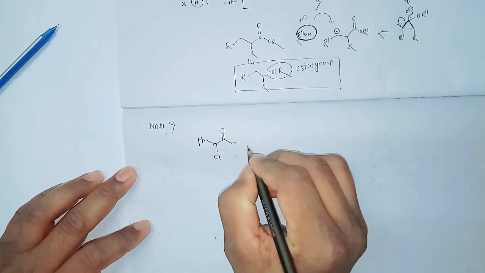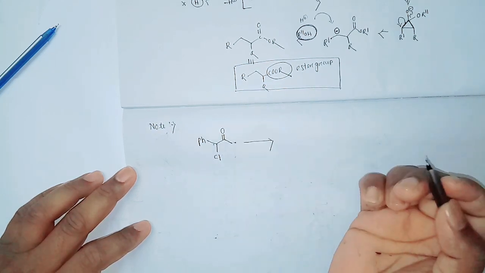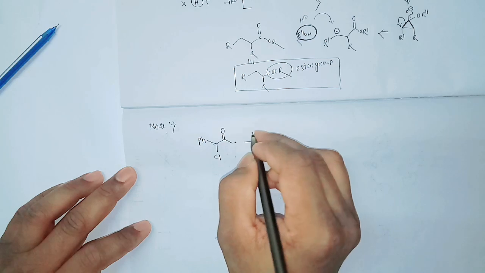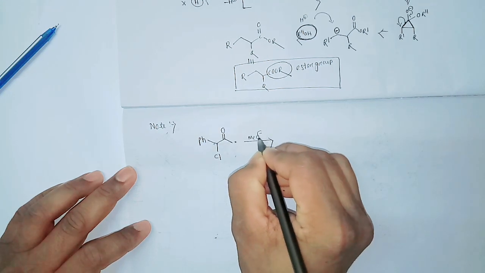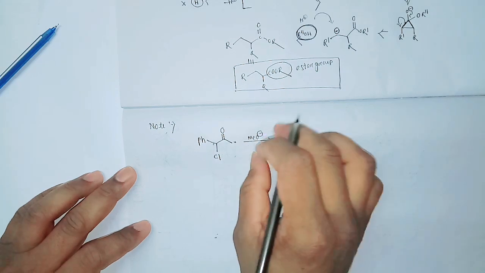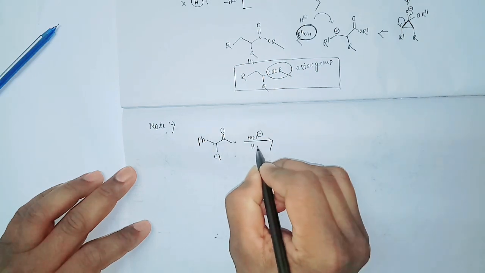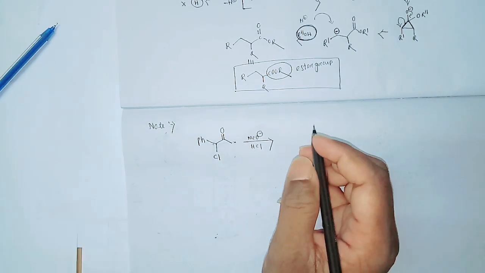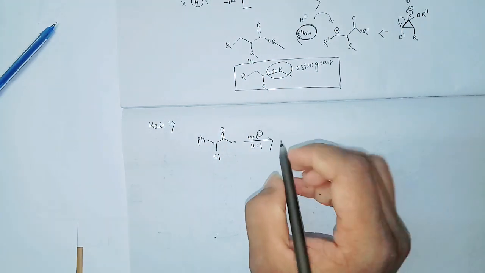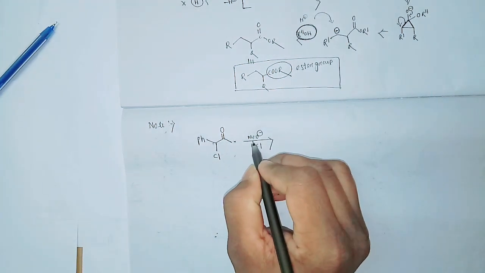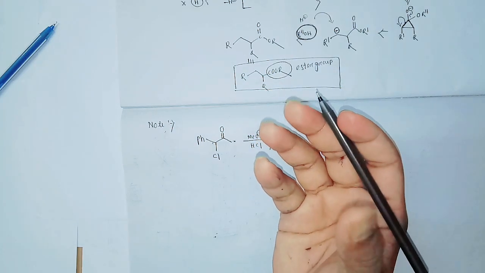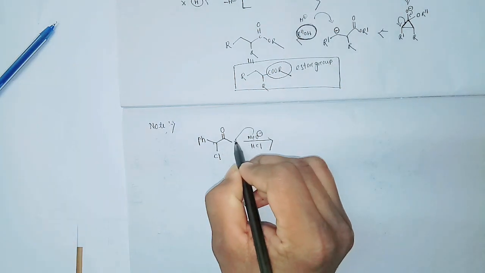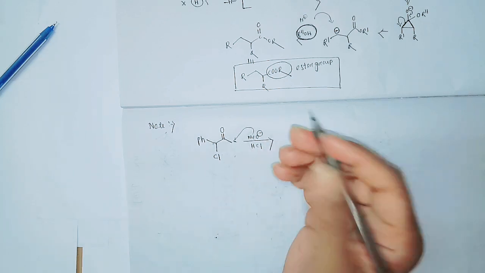We know that MeO minus is a base catalyst. So this base catalyst will remove H plus. This will attack this side, one H plus will be removed.